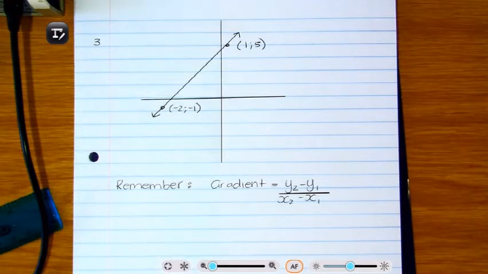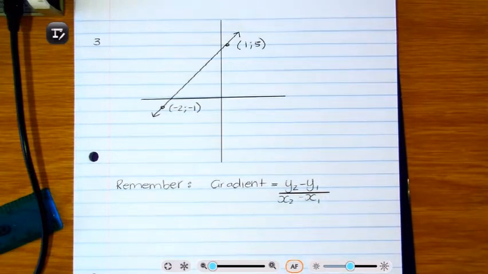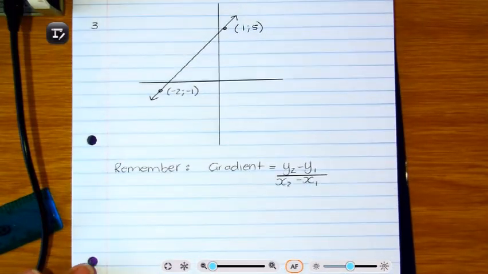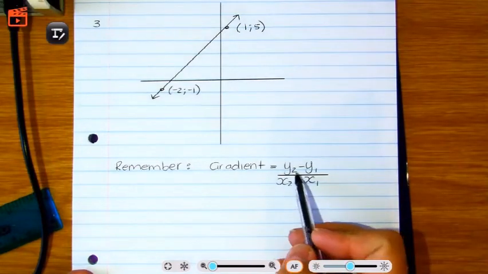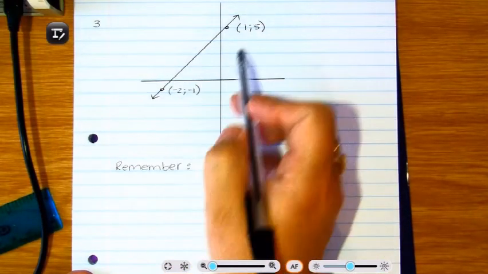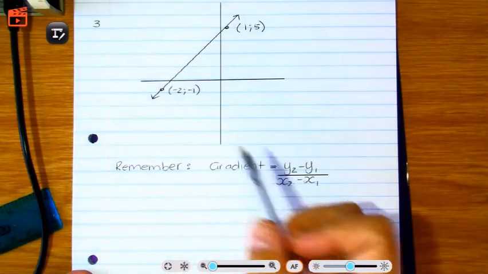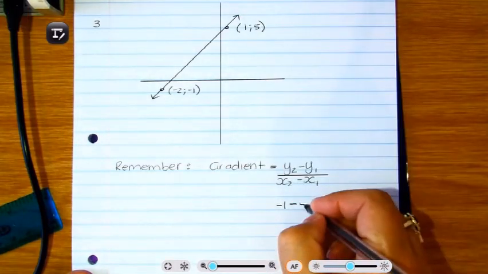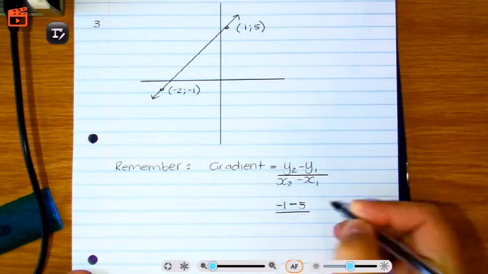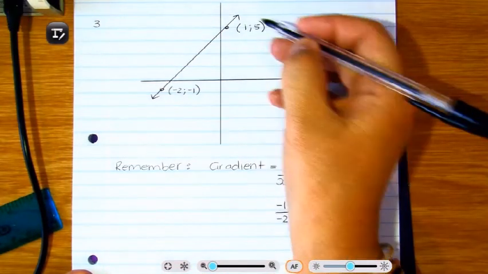I've already written it here. It says, remember, the gradient of a line is (y2 - y1) over (x2 - x1). So that's going to be my starting point. I'm going to work out the gradient of this line. So I'm going to call this my second point and that my first point. Order doesn't really make a difference. y2 is -1 minus y1 which is 5, over x2 which is -2 minus x1 which is 1.